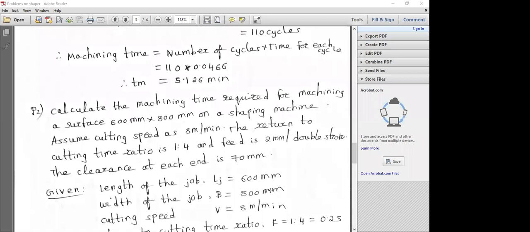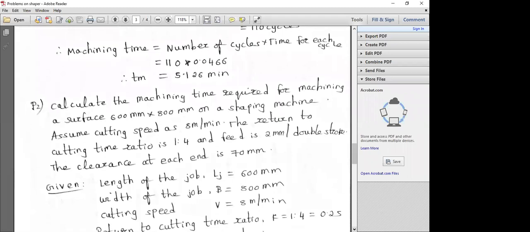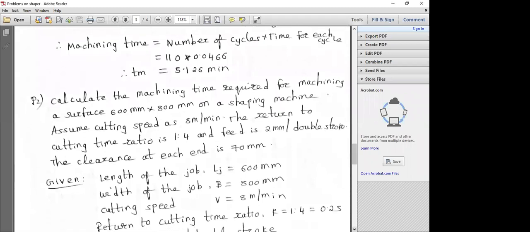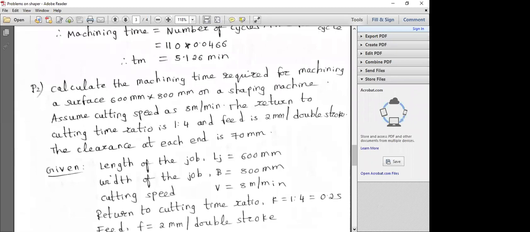So 600 mm into 800 mm, length into width, on a shaping machine. It is not taking the thickness into consideration; sometimes problems just give the length and width of the job. Assume the cutting speed as 8 meters per minute.